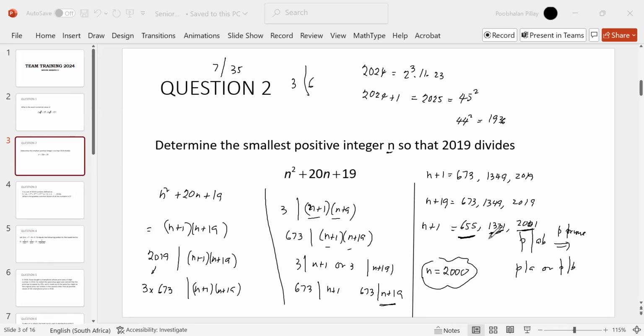Okay, it's a little bit tricky, but there are 2 important facts here, which I've told you. If a prime number divides a product, then the prime number must divide one of the 2. It doesn't happen with other things. Like, for instance, 6 divides 12. 6 is not a prime number. And 12 is 3 times 4. And 6 is neither a factor of 3 nor a factor of 4.